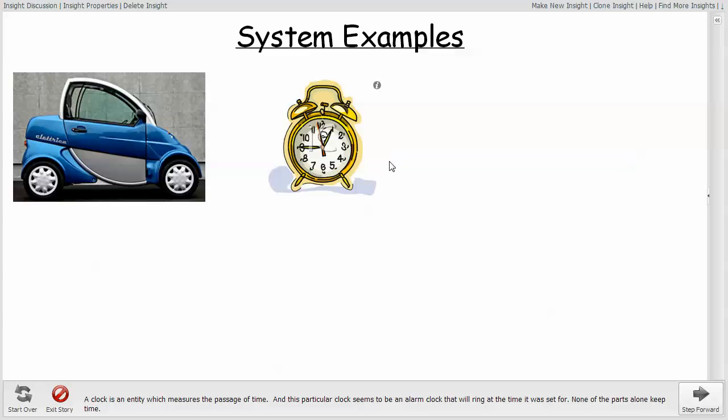The alarm clock, a clock is an entity which manages to keep time based upon the inner workings of the mechanism inside of it. You can take it all apart and you can study it intently and you can figure out how it manages to keep time, though you can't tell from studying the clock itself why it keeps time in the increments it does.